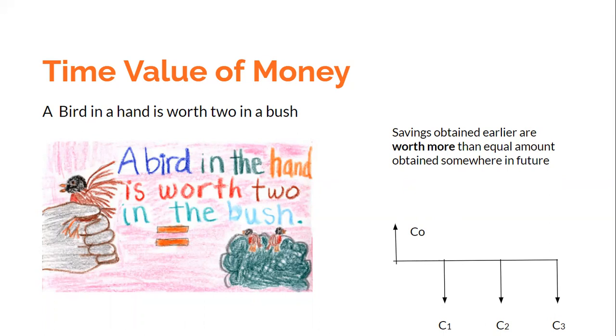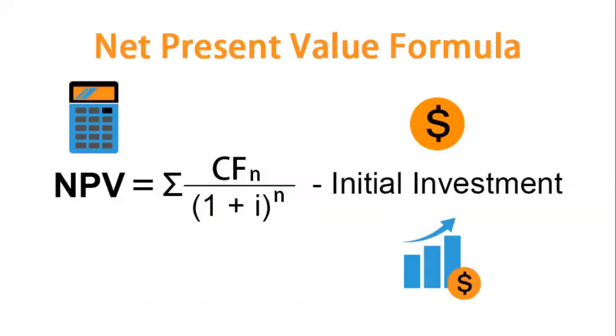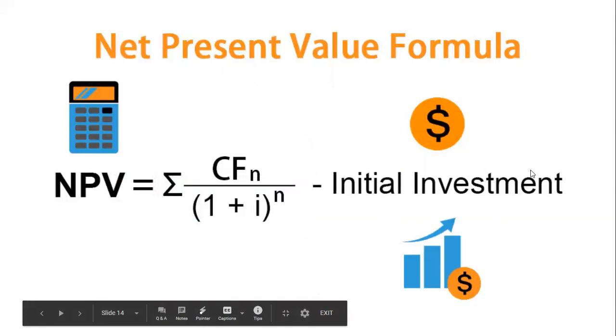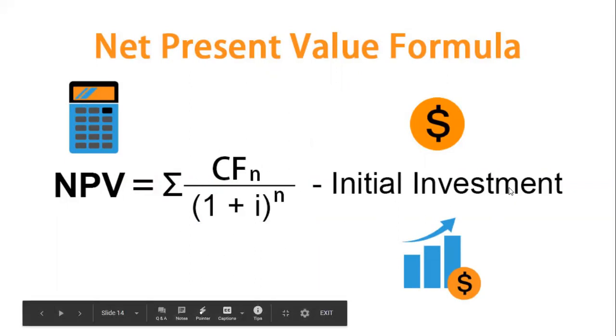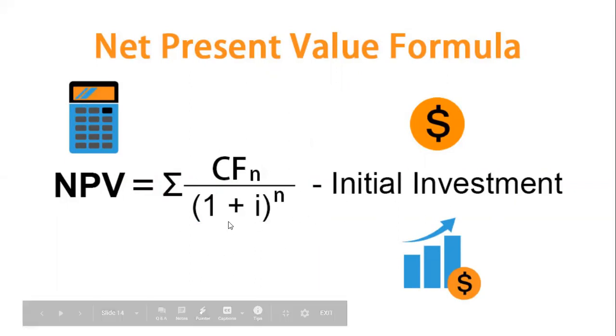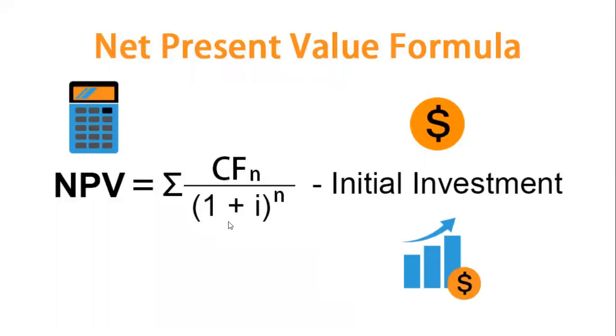So that becomes the present value. And if you subtract C0, the initial investment, from that present value, that becomes the net present value. So what is net present value? C0 is the initial investment which has to be subtracted from the future cash flows, right? And then that gives us what is called the net present value. So present value is only this first term, and if you subtract the initial investment from the present value, that becomes the net present value.